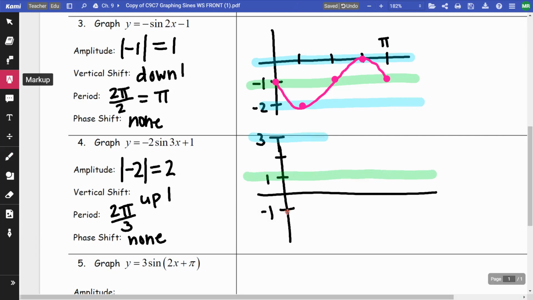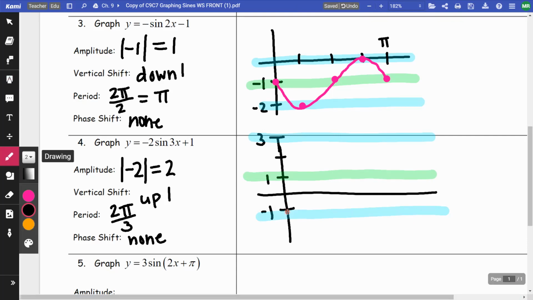The highest I'm going to go is 2 above that, which is at 3. And the lowest I'm going to go is 2 below that, which is -1. And I do my 5 markings, 1, 2, 3, 4, 5. And this is going to be 2 pi thirds.